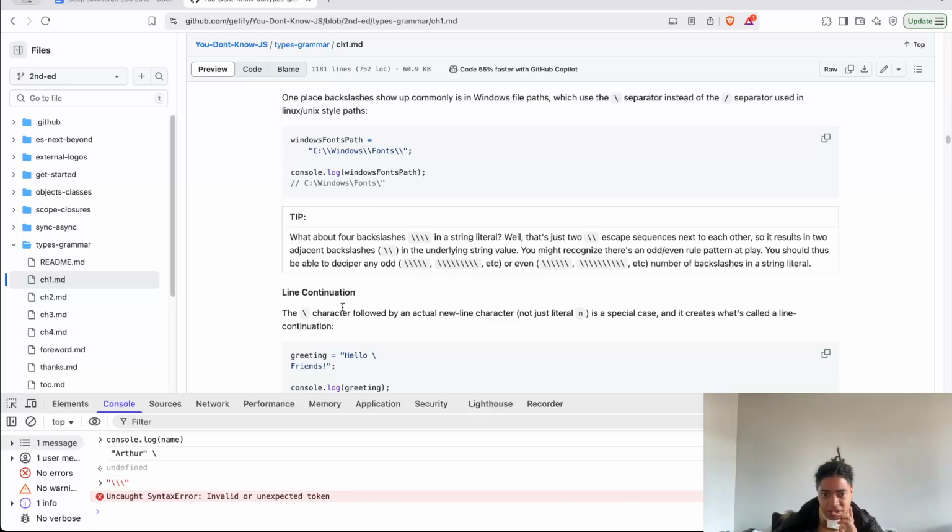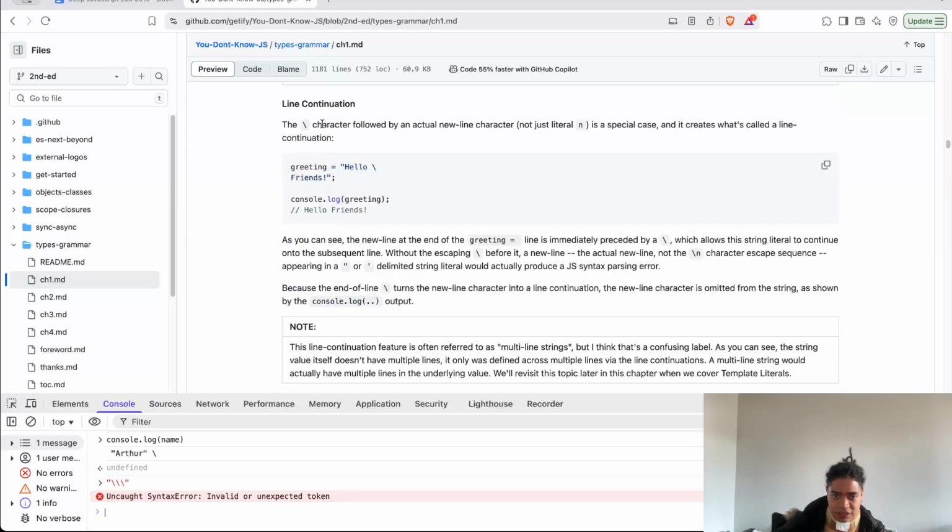That's interesting, especially in JavaScript. Line continuation. Then what you get is this last character followed by an actual new line character, not just a literal N. It's a special case, and it creates what's called line continuation.